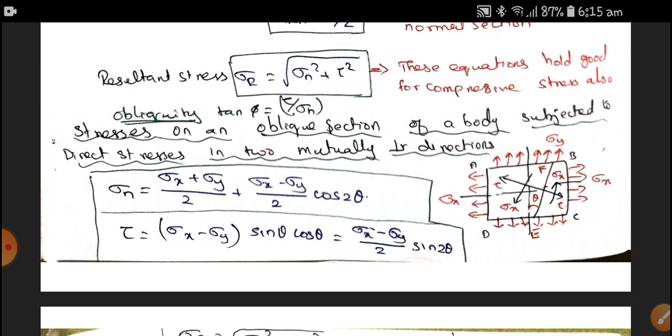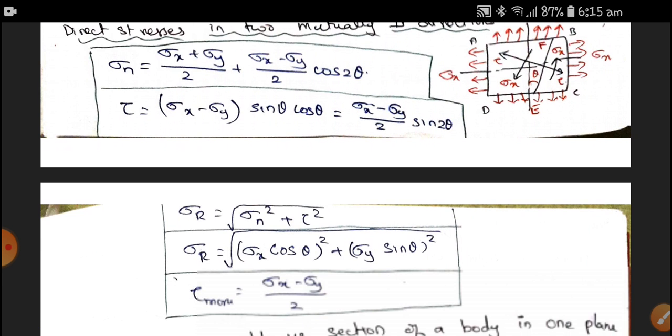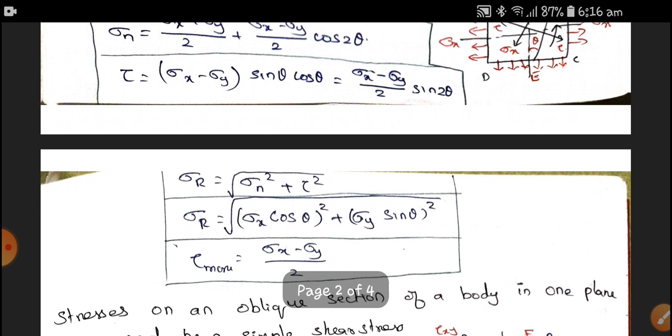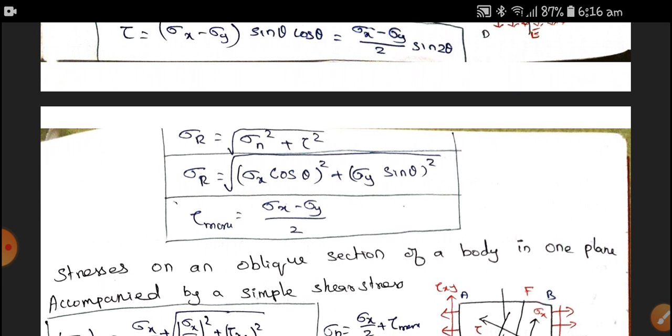Therefore, tau is equal to sigma x minus sigma y by 2 sine 2 theta, and the resultant is sigma r, the square root of sigma n square plus tau square, and sigma r is equal to square root of (sigma x cos theta) the whole square plus (sigma y sine theta) the whole square.